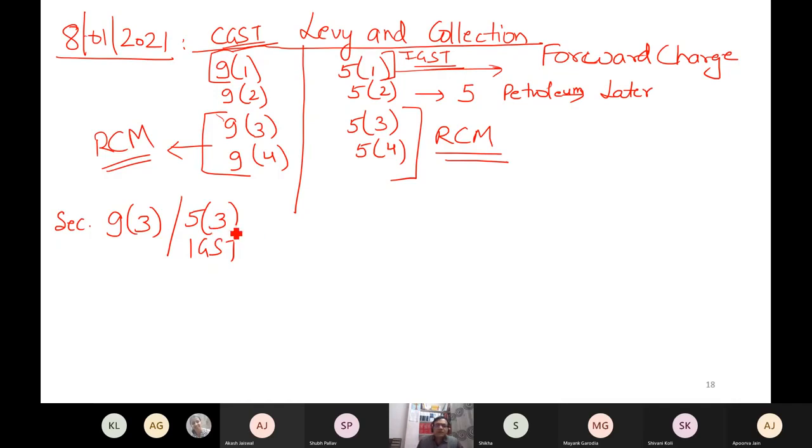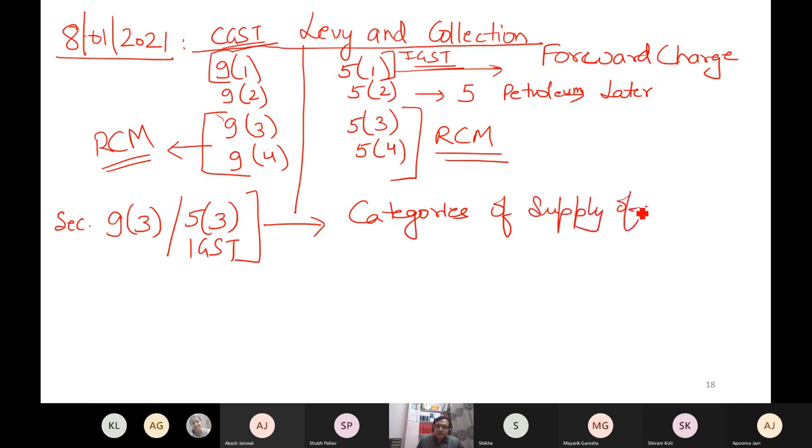That is why I am writing 5.3 IGST. In this, categories of supply of goods and services are given. Government has told the names that in these supplies, the tax will be paid on reverse charge.